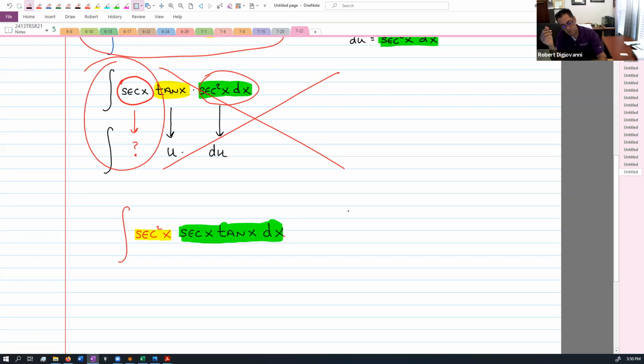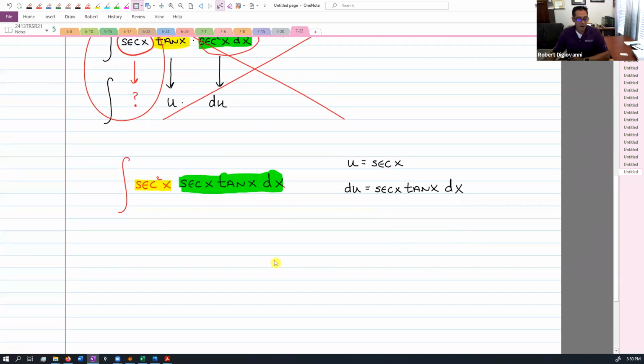If we let u be secant x instead, the derivative of that is secant x tangent x dx. And now look at how we can rewrite the integral. Secant x is u, right? So this becomes u squared, and everything in green is du. So it's just u squared du.